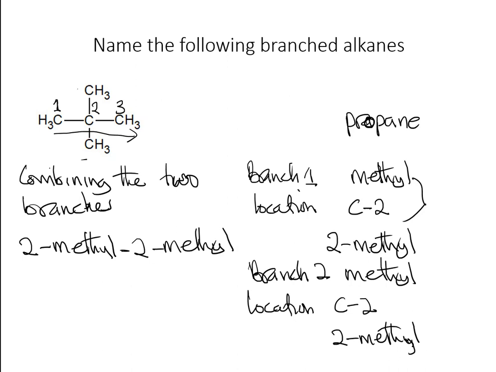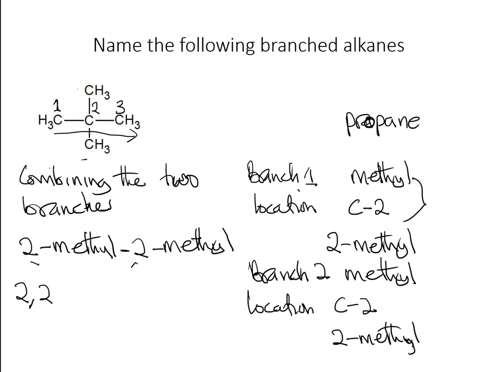But you don't want to do that. So what we do to avoid doing that is we just take these 2 and put them together and say the branches are 2 and 2, because both methyls are at carbon number 2. So we say the branches are 2, 2.